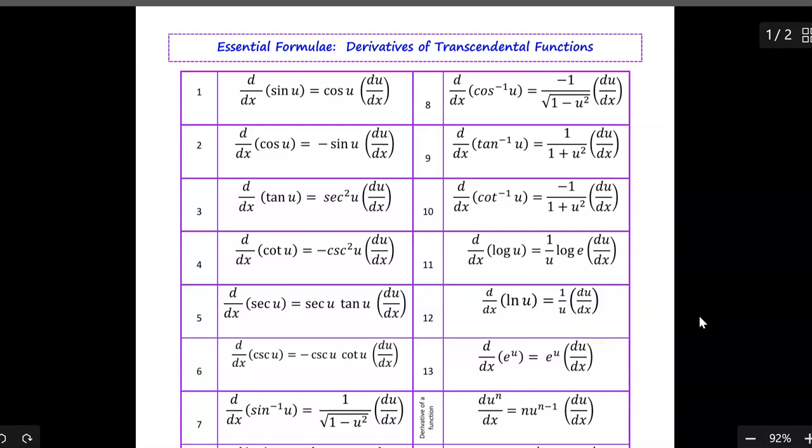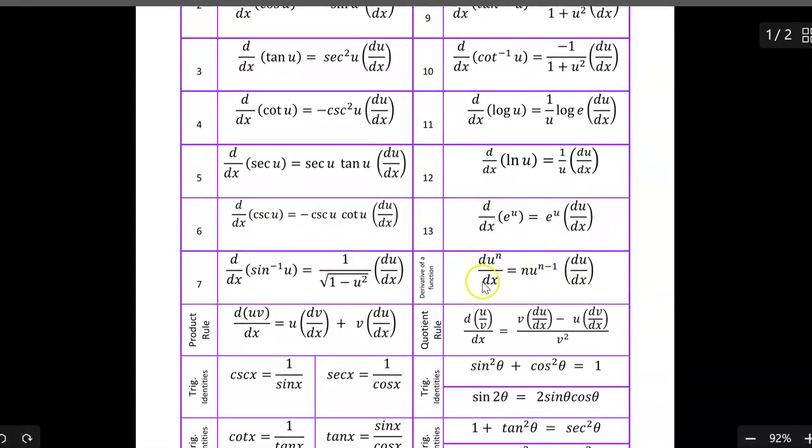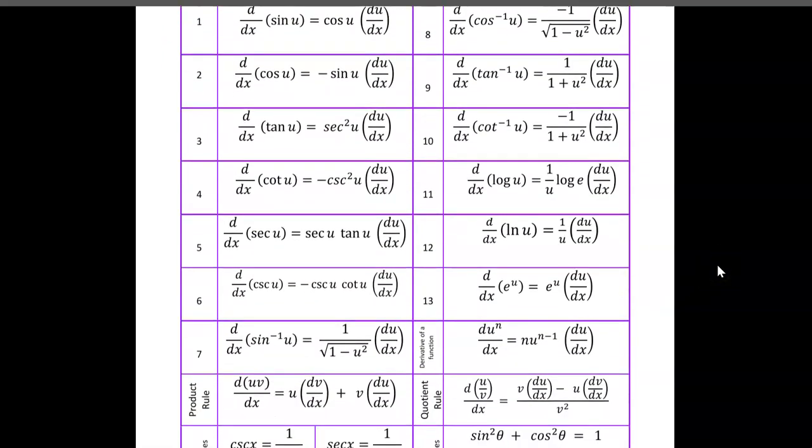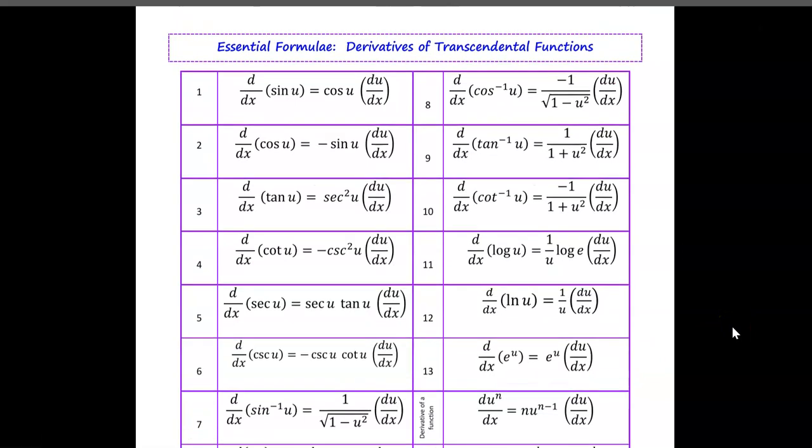When we talk about derivatives of transcendental functions, the basic rules for derivatives still apply. So we've learned about the chain rule, product rule, and quotient rule. When it comes to applying all of these rules, we still have to take them into consideration, even though we work with transcendental functions.